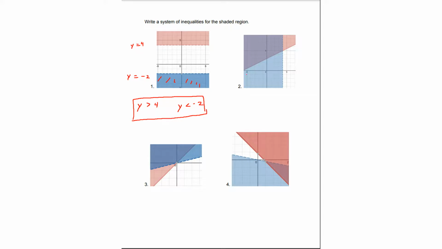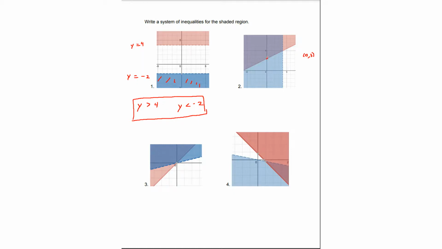And let's do one more problem. Let's try number 2. Number 2 has one line right here, this red line, that isn't a vertical or horizontal line, right? So you could start with the y-intercept, just to make it easy, which is right here at (0, 3).